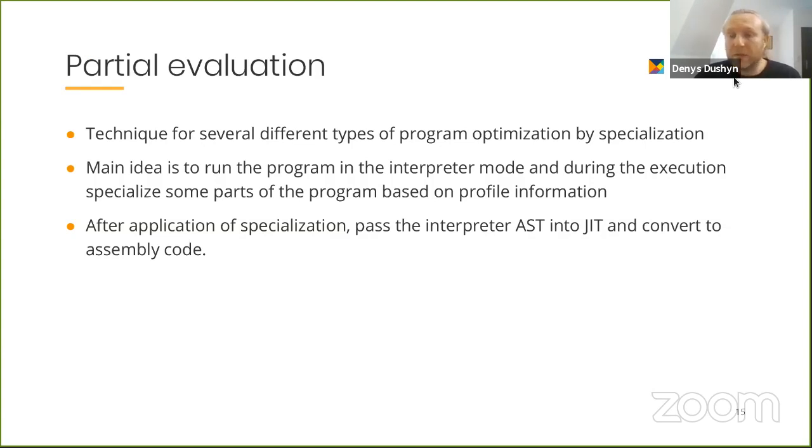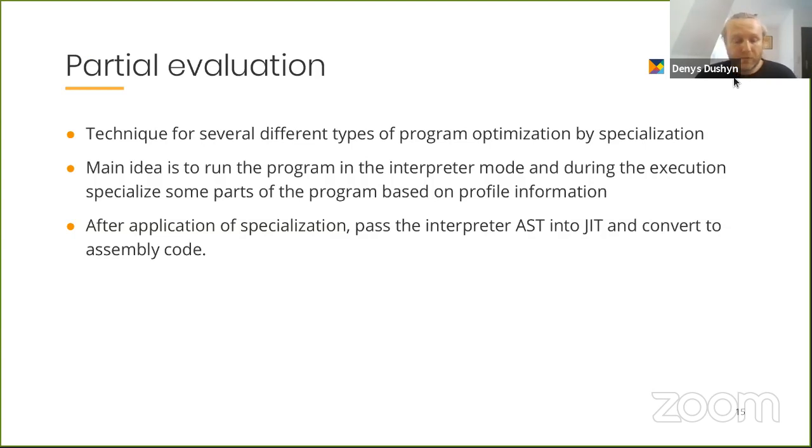When there is an abstract syntax tree, it's possible to interpret all the operations of the program node by node, and during the execution in interpreter mode, gather profiling information, or profile this execution, and after that, specialize some parts of the program based on the profile information.